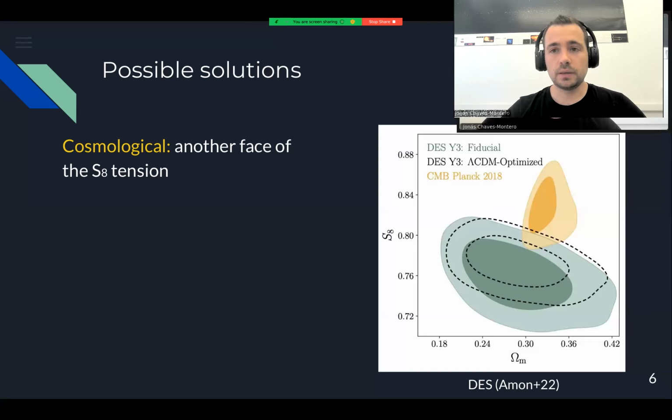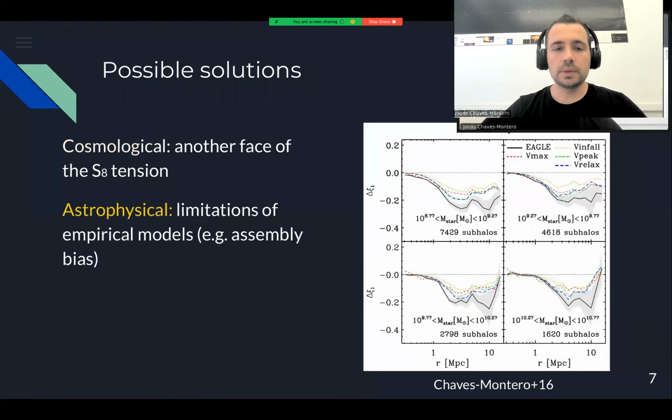In fact, people have shown that this alleviates the problem, right? It doesn't solve it completely. And the other possibility is that it is astrophysical, that the models that we are using for modeling the galaxy-halo connection are not sophisticated enough. One example of why we think so is that standard HOD models don't include any galaxy assembly bias, but this is something that we measure in different hydrodynamical simulations and semi-analytic models.